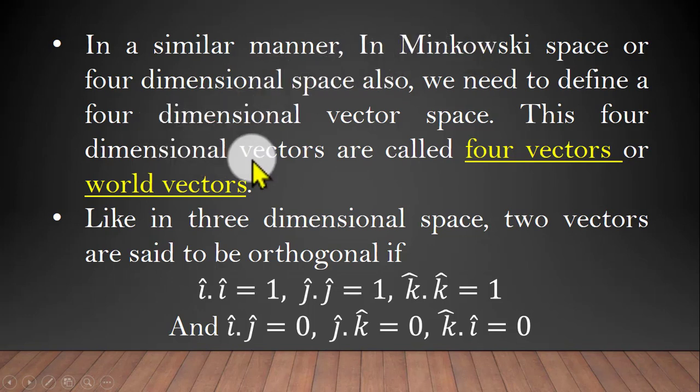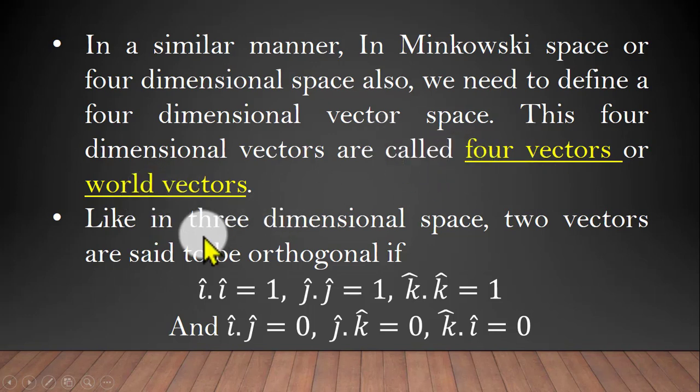In Minkowski space, any point located in Minkowski space is known as a world point. In a similar manner, a vector associated with that world point will also be called a world vector. So either you call it a world vector or a 4 vector or a 4-dimensional vector. All are the same thing.